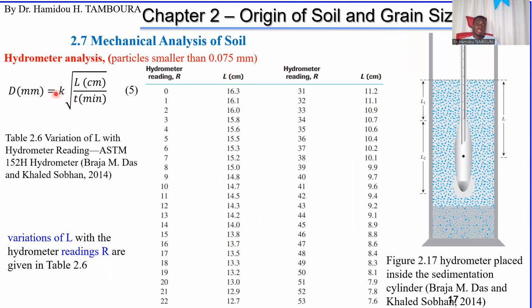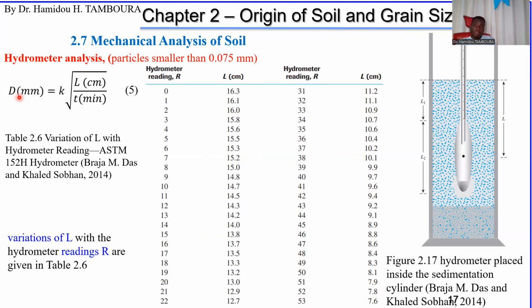After obtaining this L, you can calculate the corresponding diameter. Then you can say that this specific gravity you have measured means also mass. From that specific gravity, you can obtain the mass of the soil in suspension.